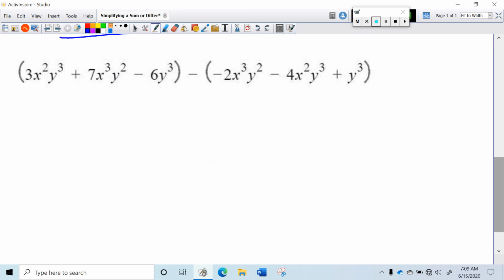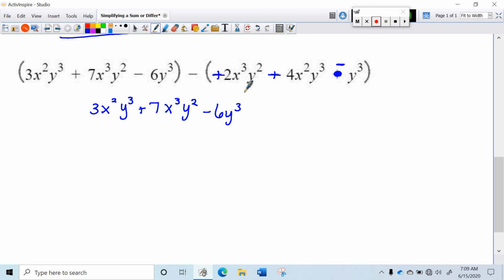First set of parentheses does not have anything, so I just write down everything that's there. 3x squared y cubed plus 7x cubed y squared minus 6y cubed. Second set of parentheses has a negative, so change all the signs inside. This is going to be a positive 2x cubed y squared, a positive 4x squared y cubed, and a negative y cubed.